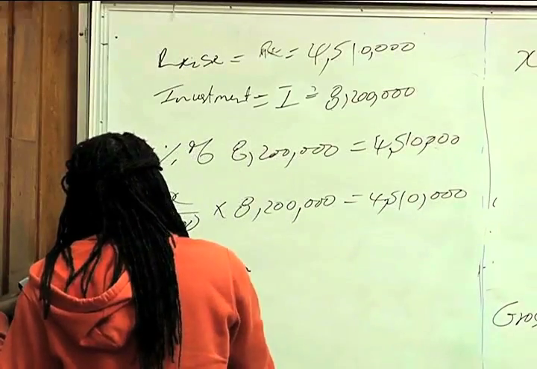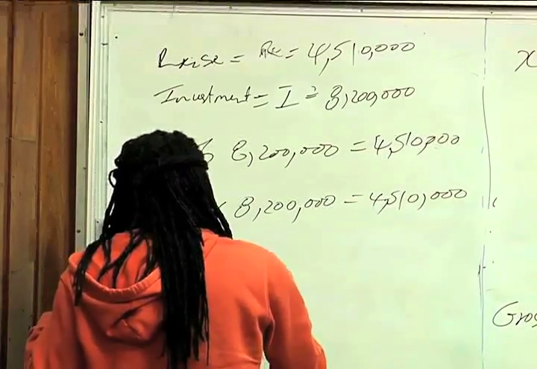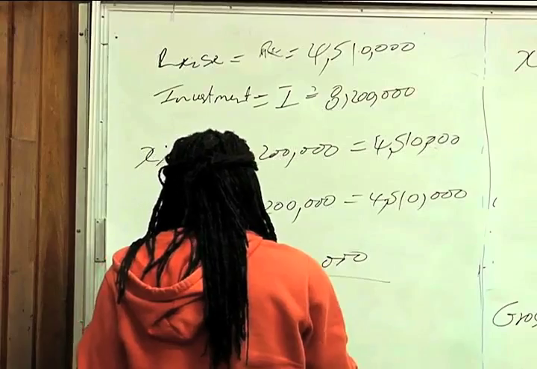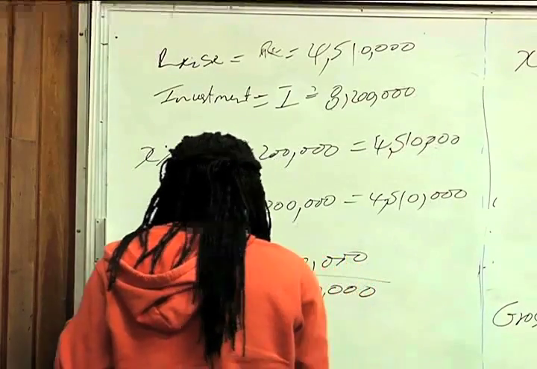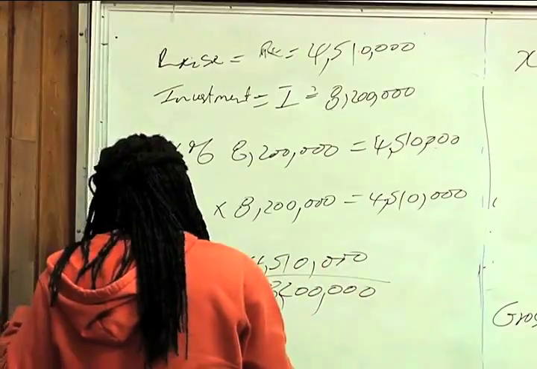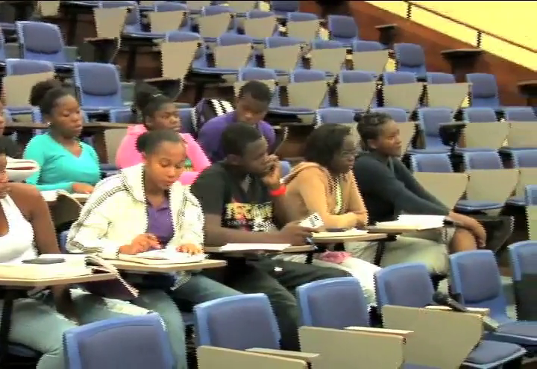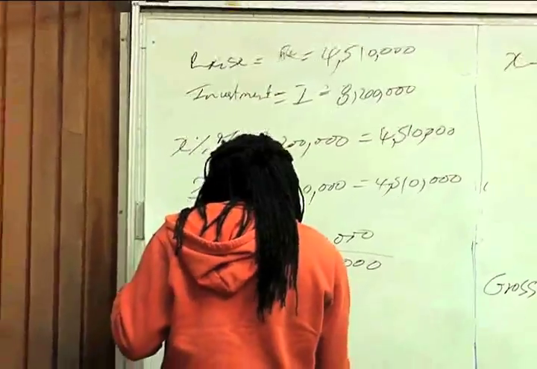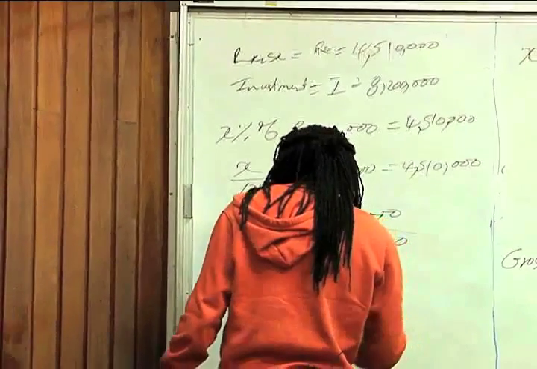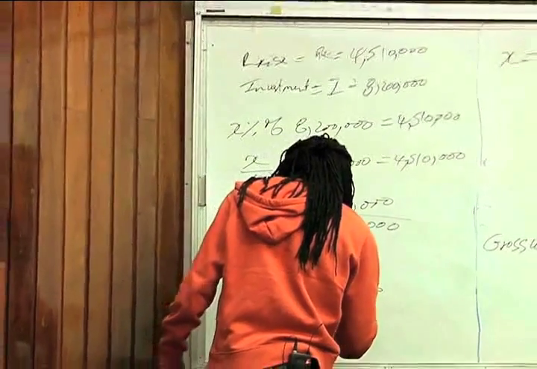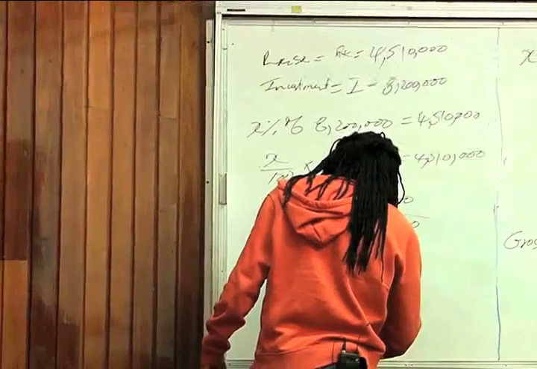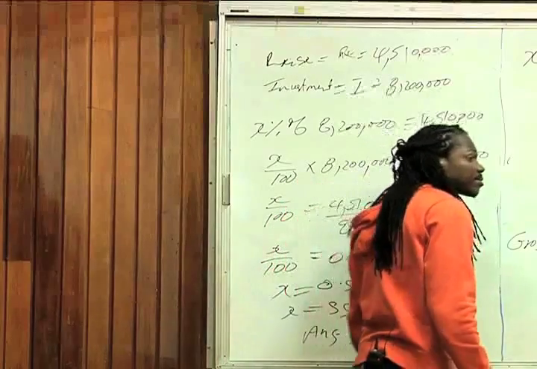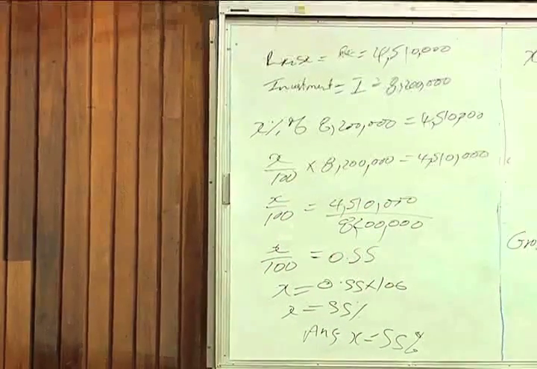That means X over 100 equals 4,510,000 over 8,200,000, which is 0.55. That means X equals 0.55 times 100. So X equals 55 what? X equals 55%. So you have to charge a 55% rate.